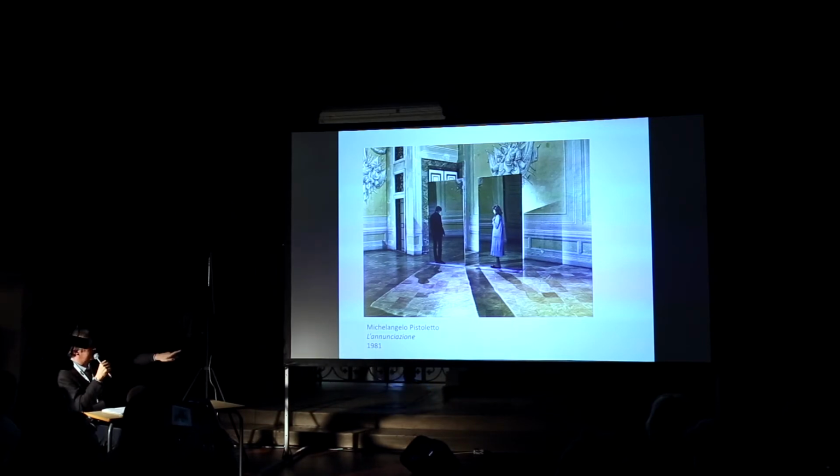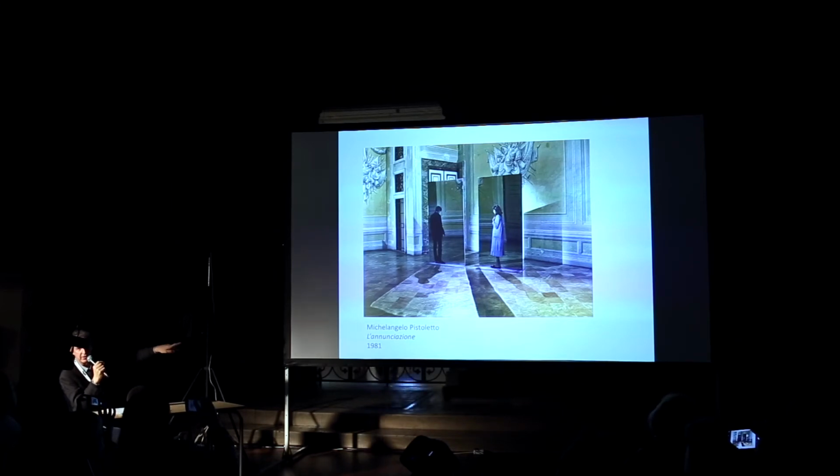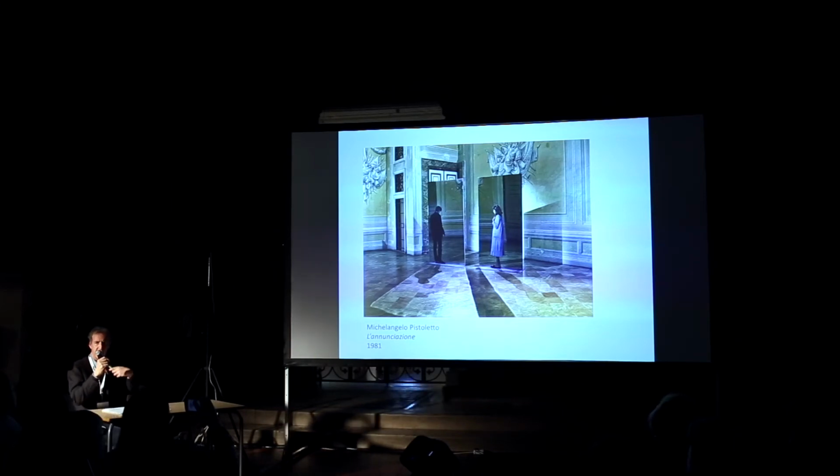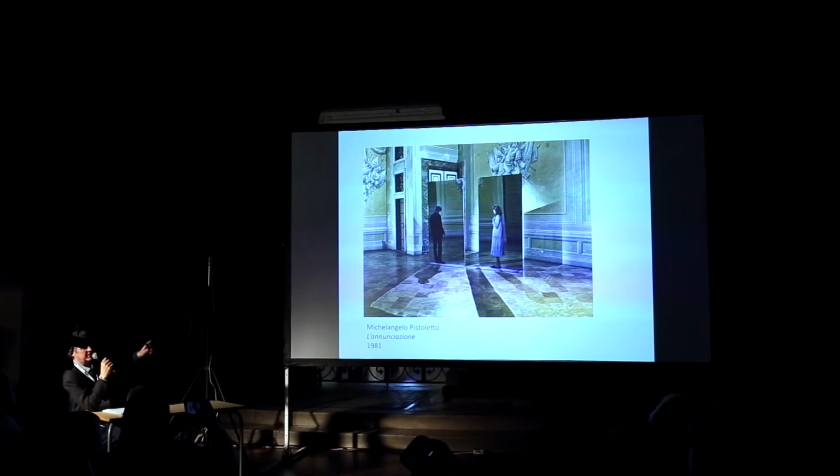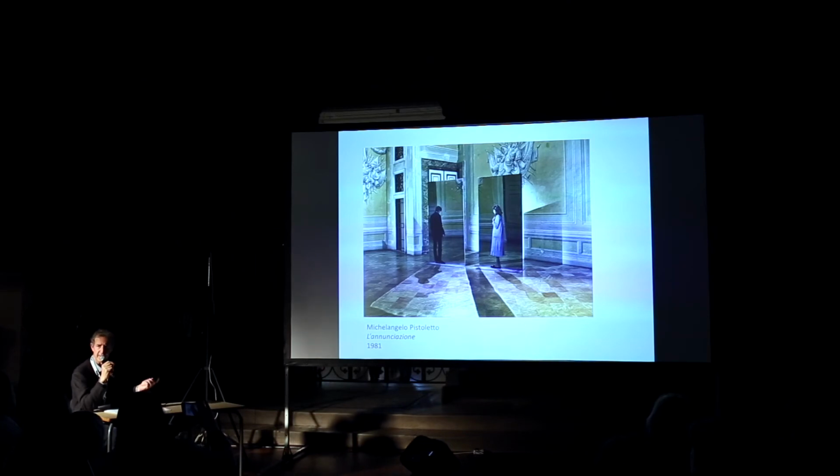The scene is the Annunciation, so it's a very classical theme. And when you are in front of this mirror, you mirror yourself inside the work of art. So you become part of the work of art. And if you notice the figure that Michelangelo always put on the work, it's of actual size.